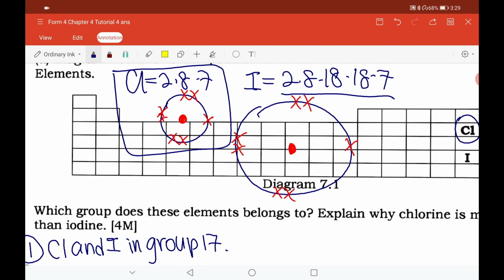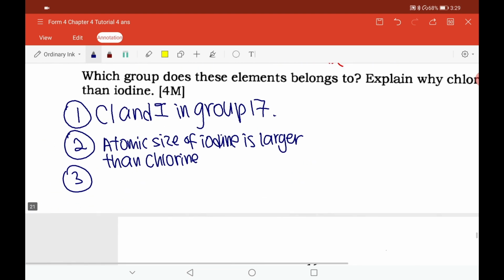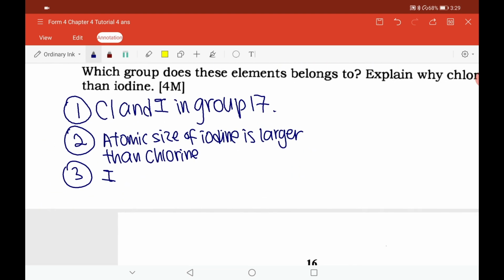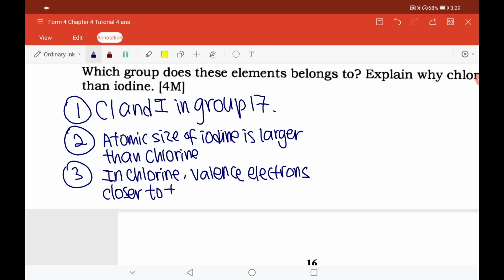In chlorine, you can see the valence electrons are closer to the nucleus. In chlorine we can see the valence electrons are closer to the nucleus.